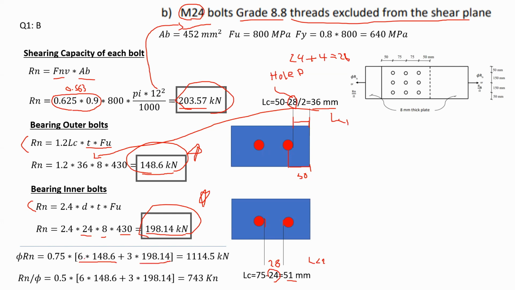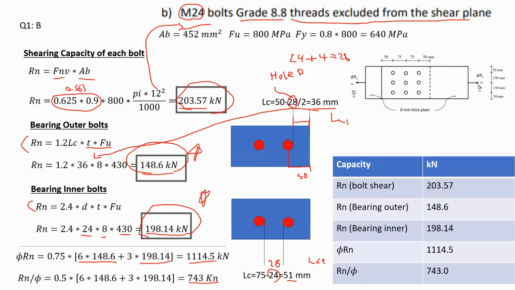And from here, of course, I multiply by 0.75 in accordance with LRFD, and I get the capacity as 1014.5. Lastly, in order to find it in accordance with ASD, the same logic, however, we divide by 2 instead of multiplying by 0.75. And also we get the capacity according to ASD. And here we can see a summary of all the findings we have.